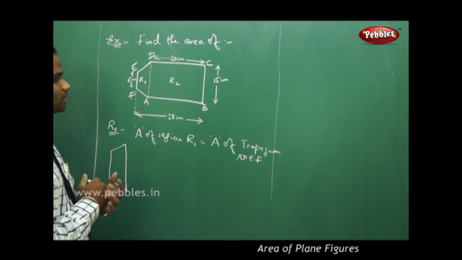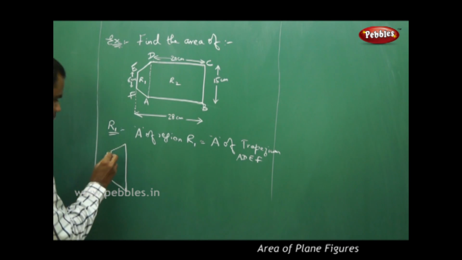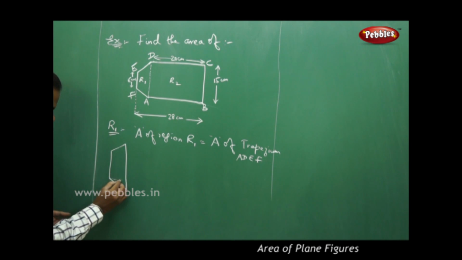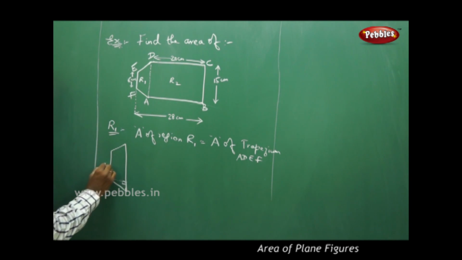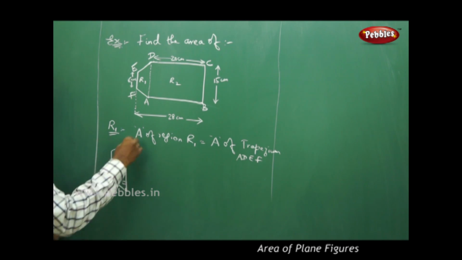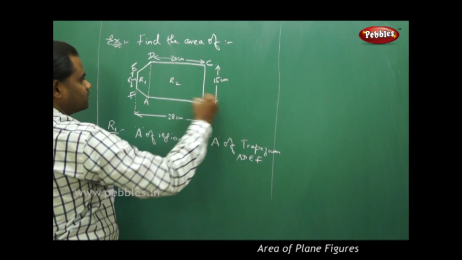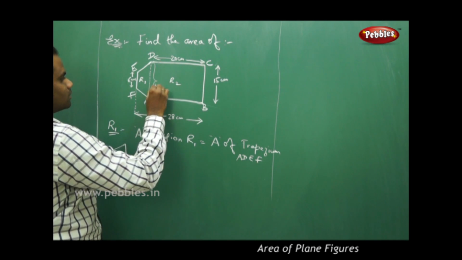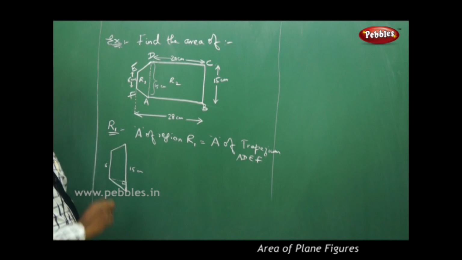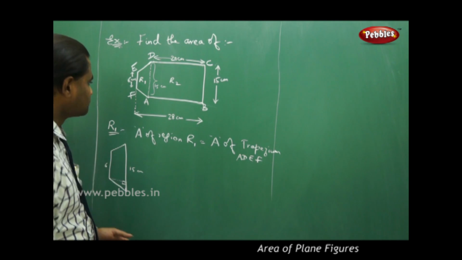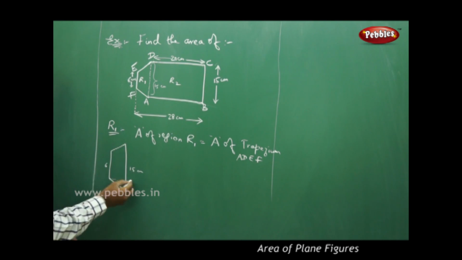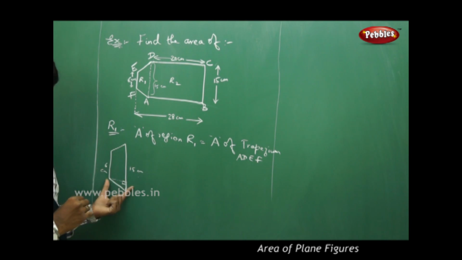Now how do I find the height of the trapezium? What will be its height? This is the height, and these are the parallel sides A and B. One of the parallel sides is 6 and the other parallel side would be 15 centimeters, because when this is 15, even this would also be 15 centimeters. Both are equal. So the parallel sides are 6 and 15 centimeters.